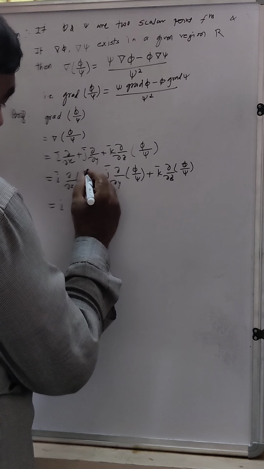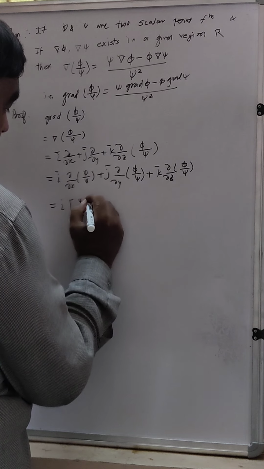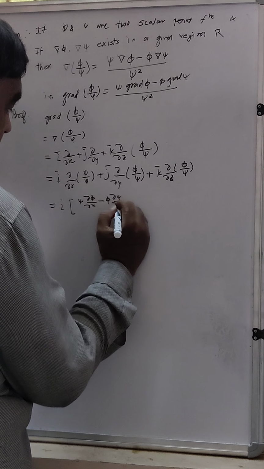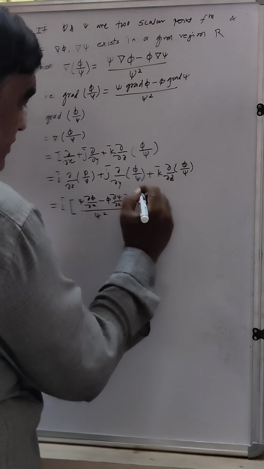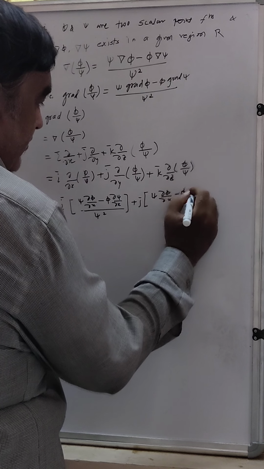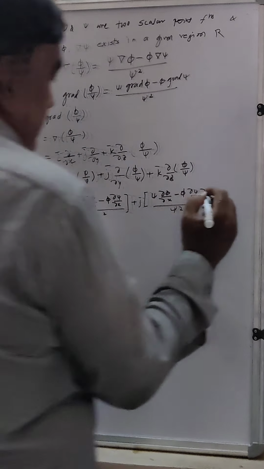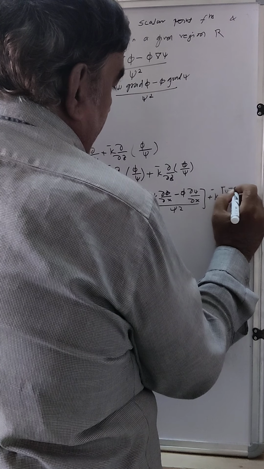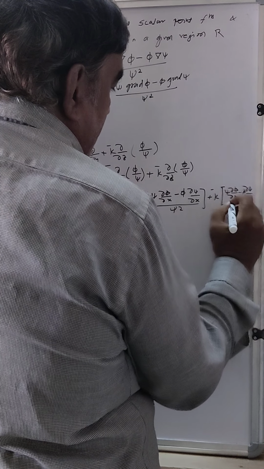Using the differentiation of u upon v method, here phi upon psi, therefore i vector psi ∂phi/∂x minus phi ∂psi/∂x upon psi square, plus j vector psi ∂phi/∂y minus phi ∂psi/∂y upon psi square, plus k vector psi ∂phi/∂z minus phi ∂psi/∂z upon psi square.